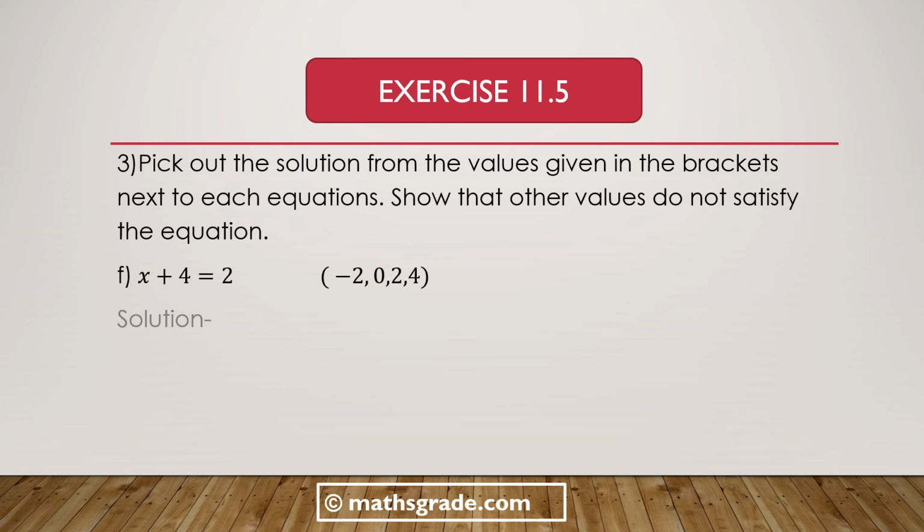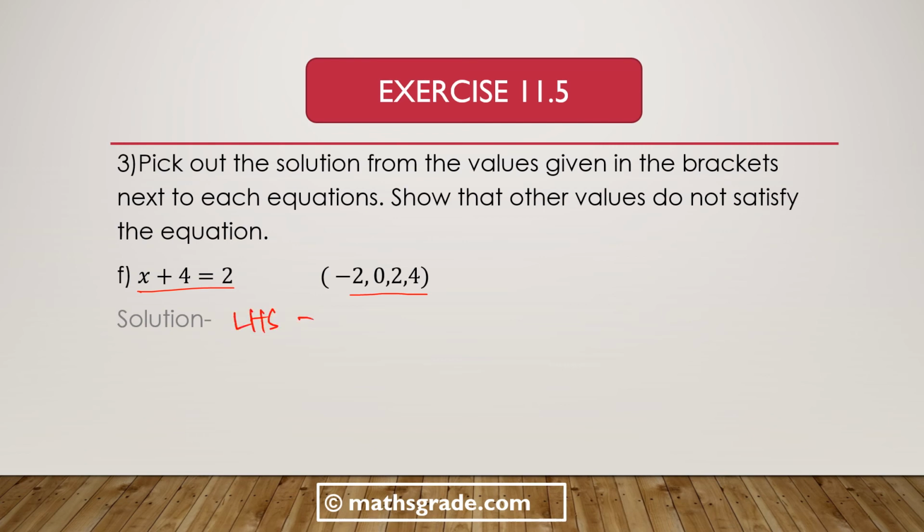Now the next equation is x plus 4 equal to 2, and the solutions given are minus 2, 0, 2 and 4. We have to check which value for the variable is the solution for the equation x plus 4 equal to 2. First substitute x equal to minus 2 in the left hand side of the equation.